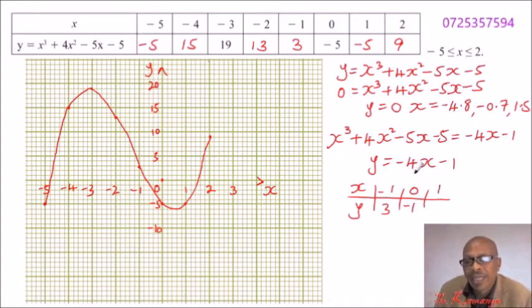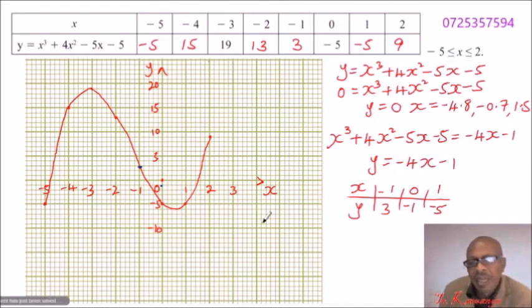When x is 1, this will be minus 4 times 1 is minus 4, minus 1, that will give you minus 5. So we are going to identify these points. So when x is minus 1, y is 3, so that's where the point is. When x is 0, y is minus 1.